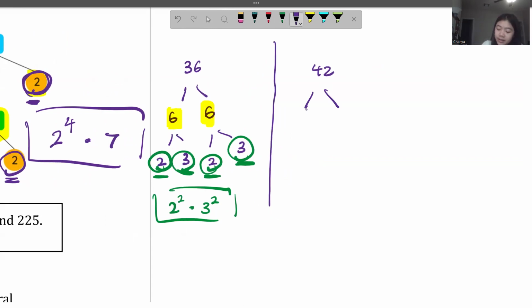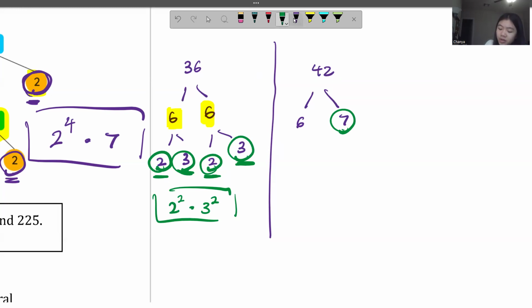Let me separate this so you know this is completely separate. It's a different number. So for 42, I'm going to think, what two numbers multiply to 42? Well, that's just 6 and 7, right? That's the first thing that comes to my mind anyway. Okay, and I'm going to check, are both of them prime? Well, I noticed that 7 is a prime number, so I'm going to circle that number.